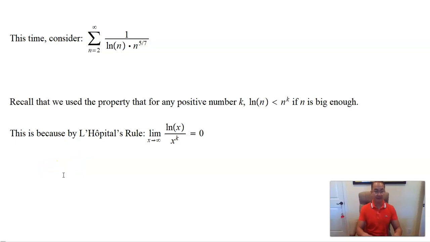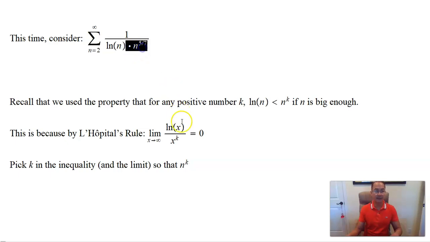Let me write that down. Pick k in the inequality and the limit so that ln of n, or rather n to the k, times n to the 5 over 7.